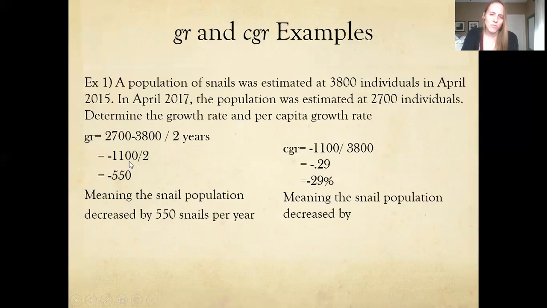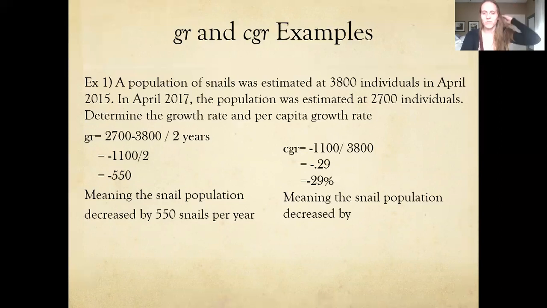And then for the growth rate, we take that delta N and we divide it by our delta T. And in this case, 2 years have gone by, so that's our change in time. And so a negative 1,100 divided by 2 is negative 550, meaning that the snail population decreased by 550 snails per year, or it lost 550 snails per year.